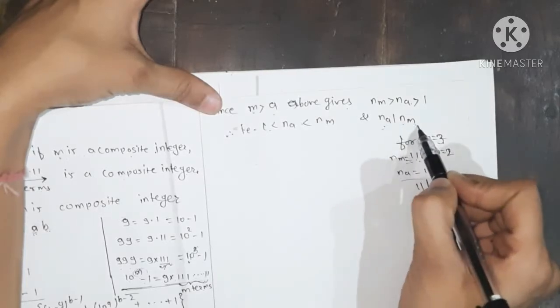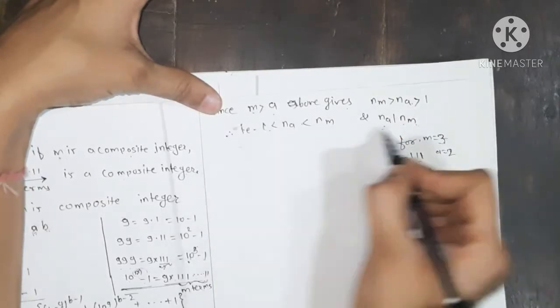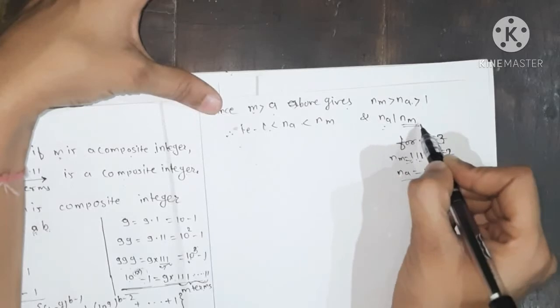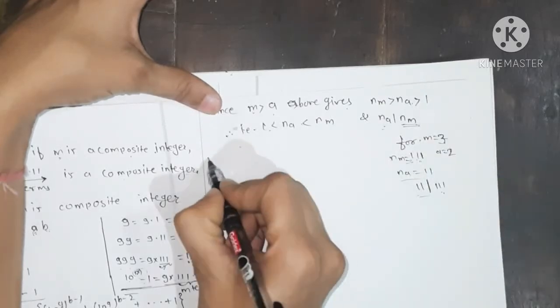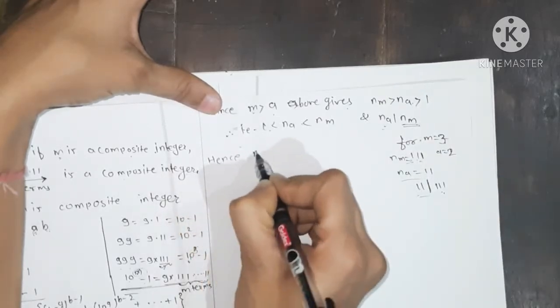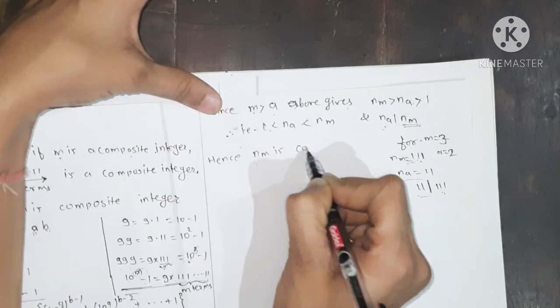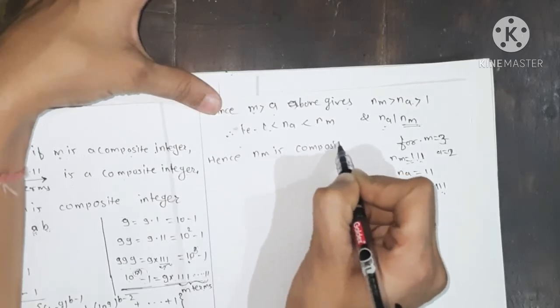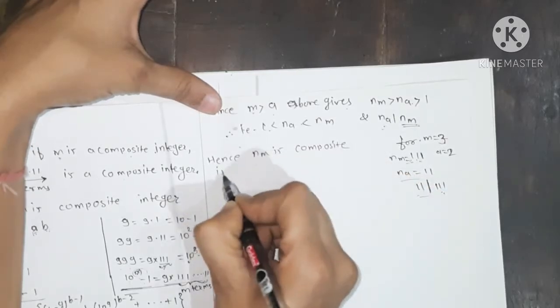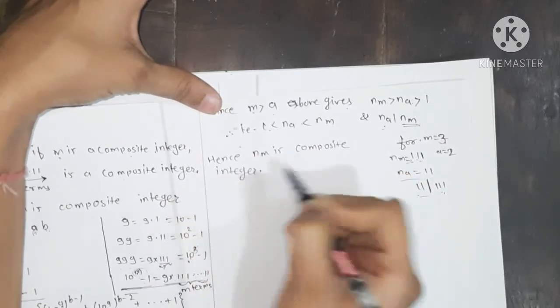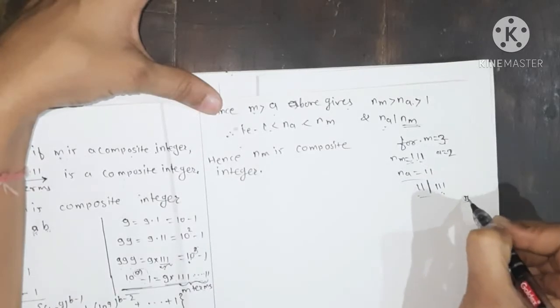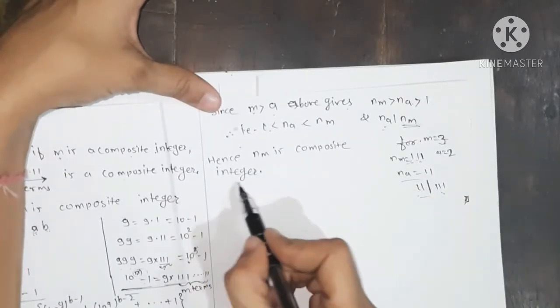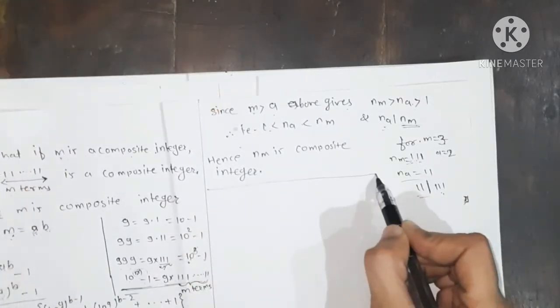Now na divides nm implies nm is composite, therefore hence we can say that nm is a composite integer. Hence the proof. Therefore our first example is completed.